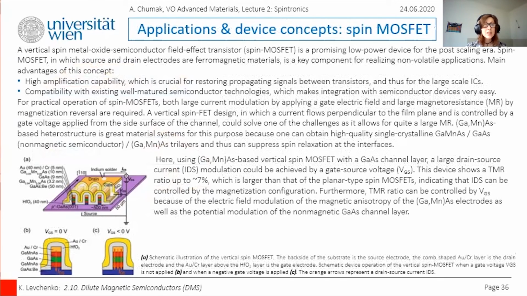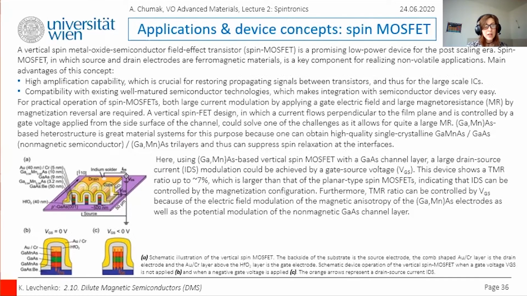An interesting approach toward the improvement of already existing electronic devices, like a MOSFET, is presented on this slide. A vertical spin metal oxide semiconductor field effect transistor, spin-MOSFET in short, was proposed on the basis of three layers consisting of gallium manganese arsenide, gallium arsenide, and gallium manganese arsenide, whereas the middle gallium arsenide is non-magnetic, it's a channel layer.